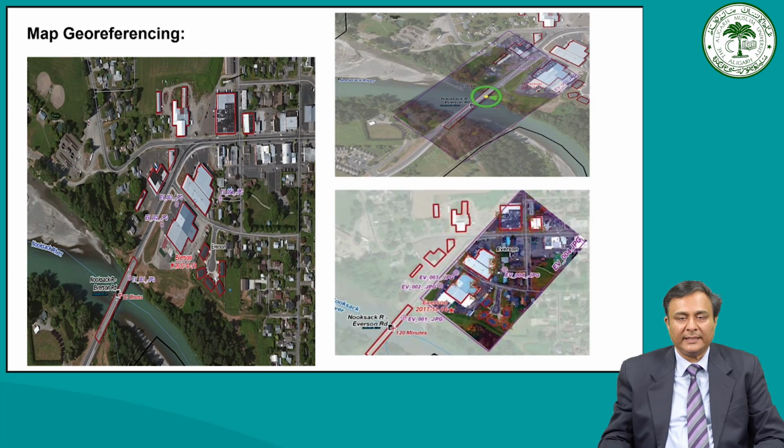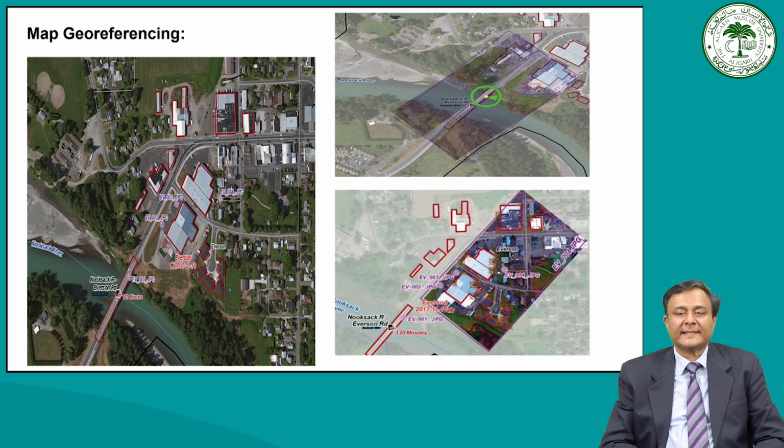Here one can understand that a few very prominent features like building corners or street junctions or any prominent intersection, for which we have the coordinates, the GCPs, and some points on a digital map or image of the same location.